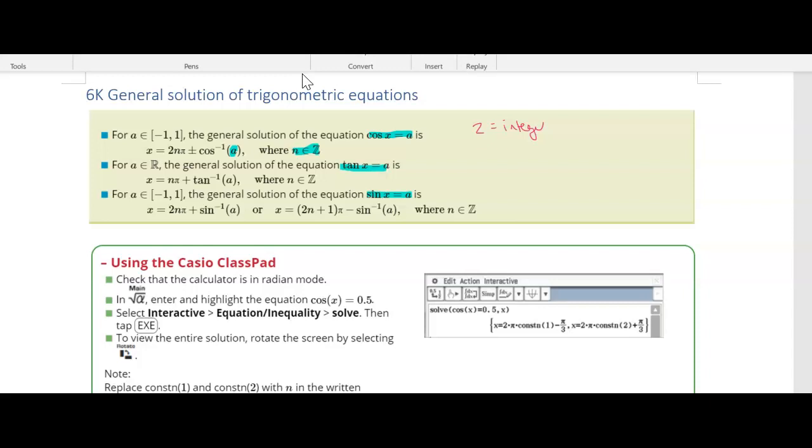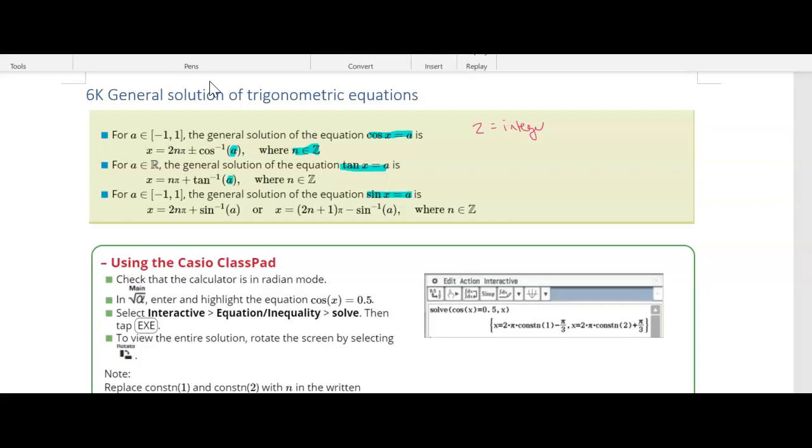So it's one way of actually finding your solutions, is to find the general solution and then substitute in different values of n to get your other solutions. So instead of using things like the unit circle like we had been, you could just use your general solution and substitute in values for n. So do notice that they change slightly.